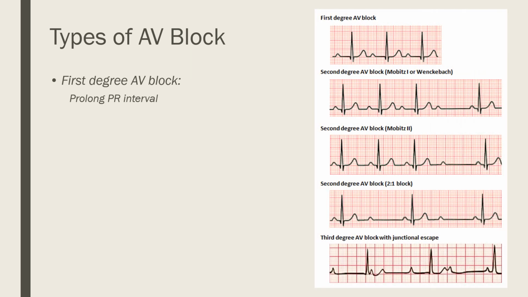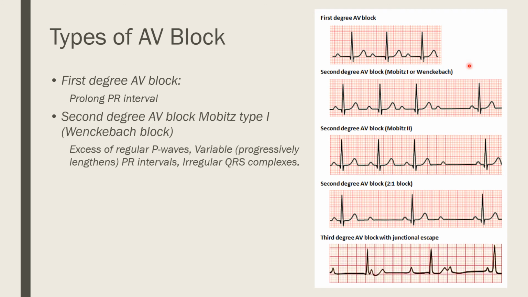Types of AV block. First degree AV block, in which there is a prolonged PR interval, with a normal QRS complex and regular rhythm. Second degree AV block has two types.